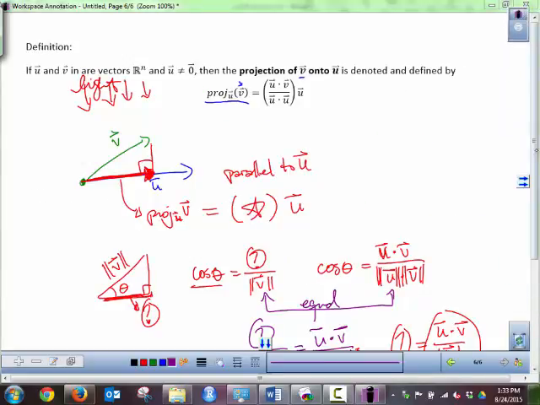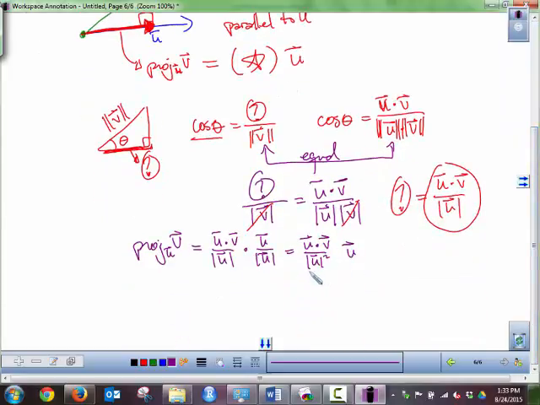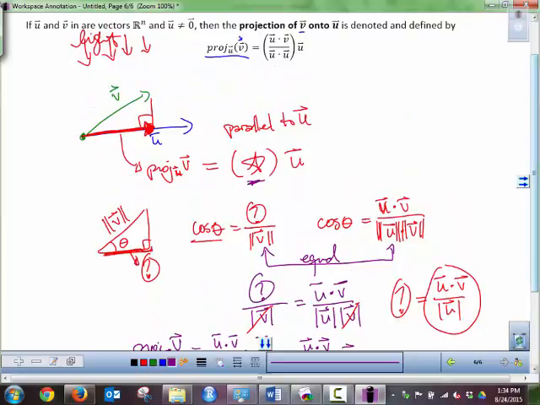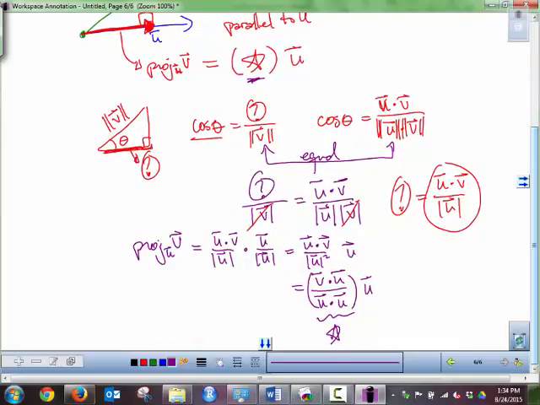Oops, I switched the order of v and u. So this is the same thing as u dotted with u, and then the vector u. So now this is what goes in the star. And that's exactly what they had in the formula. Okay?